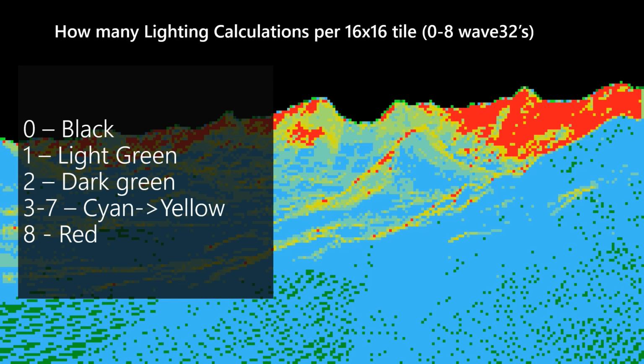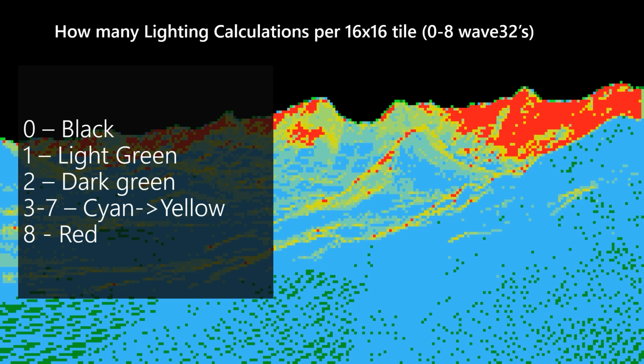Light green is only 1 wave, and this can only really occur on the silhouette with the sky, because if you think about it, if you have a 16 by 16 tile, as I'm using here, which is 256 pixels, and you are lighting 1 in 4, which is the ideal case, you get 64 lighting calculations, which is 2 waves. So you can only get 1 wave worth of lighting calculations on the silhouette.